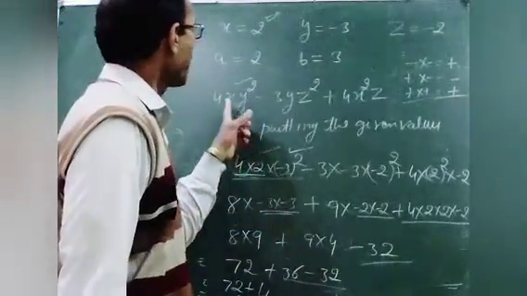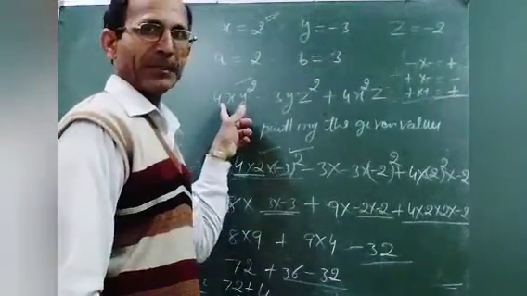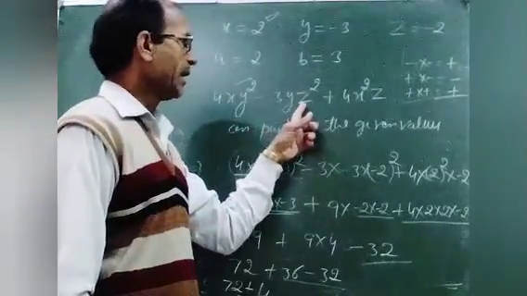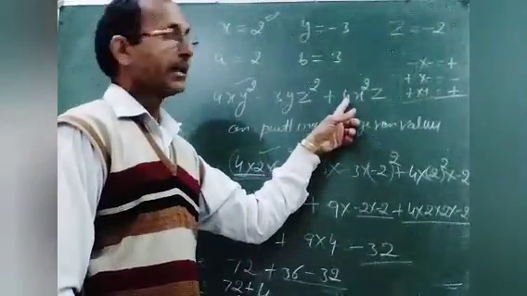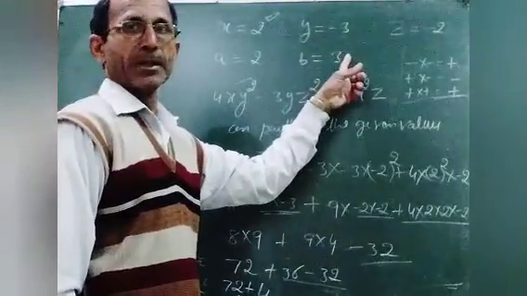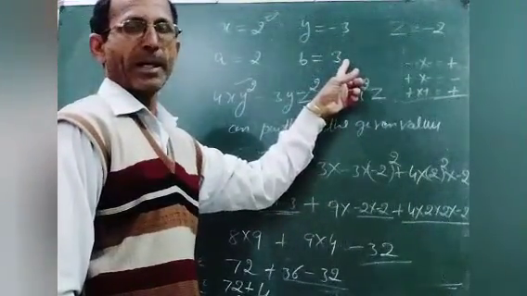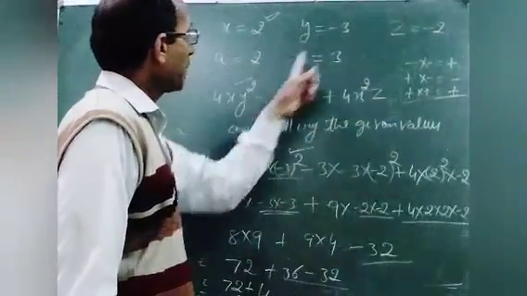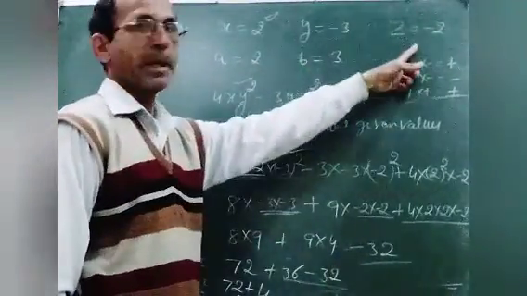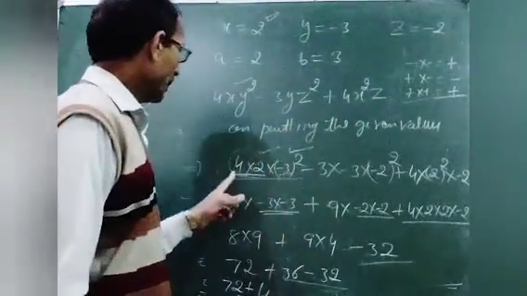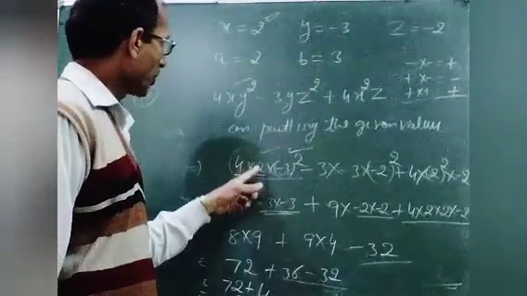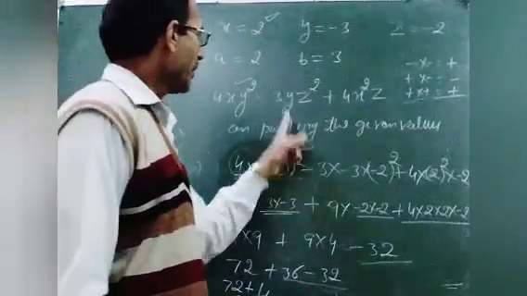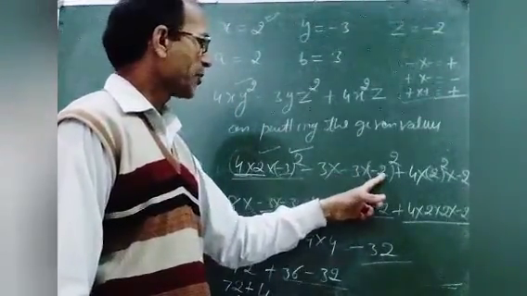Once again I am repeating. The expression given is 4xy square minus 3yz square plus 4x square z. The values are also given, so we have to put these values. Where is x, put 2. Where is y, put minus 3. Where is z, put minus 2. So 4 times 2, y is minus 3 so minus 3 square, z is minus 2 square.